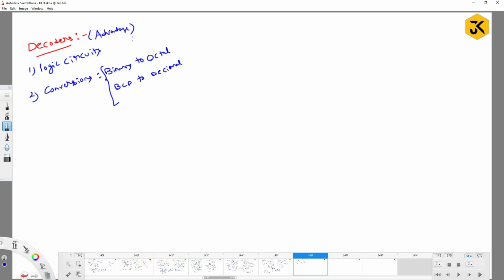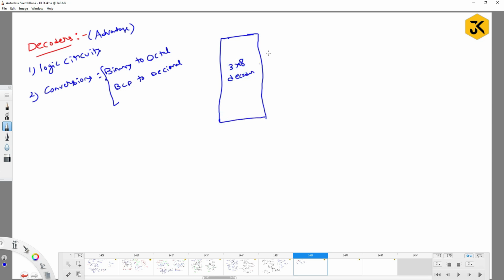For example, I want to implement binary to octal. How are we going to do it? In octal, how many output lines are there? 8 output lines are there. For octal representation, you can implement it with the help of a 3 by 8 decoder.